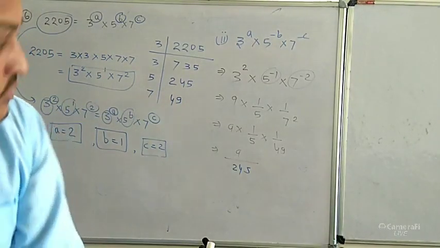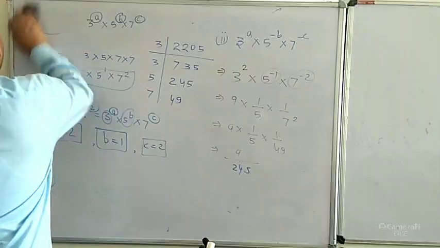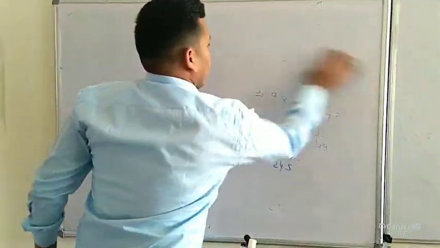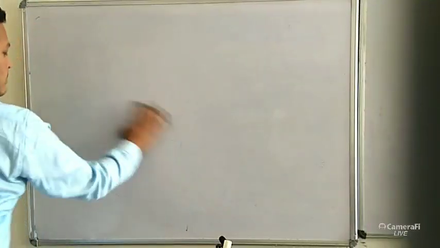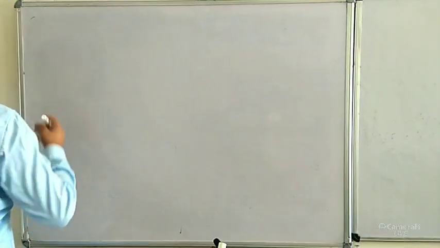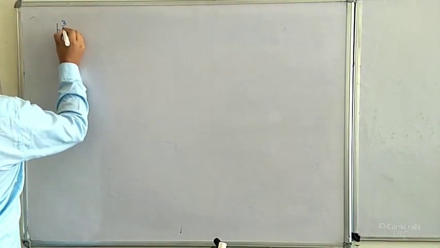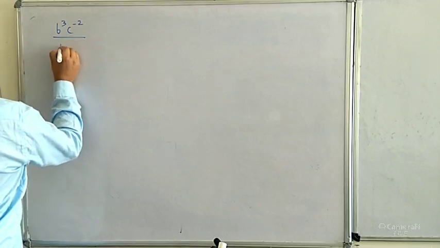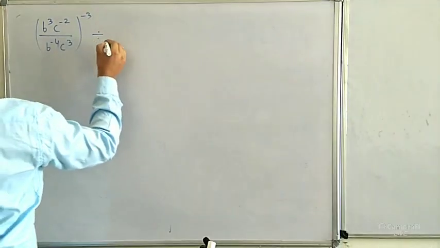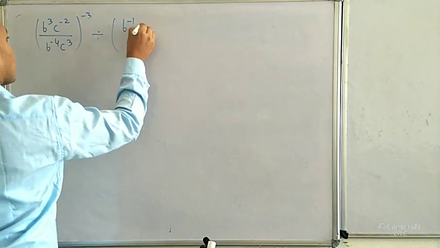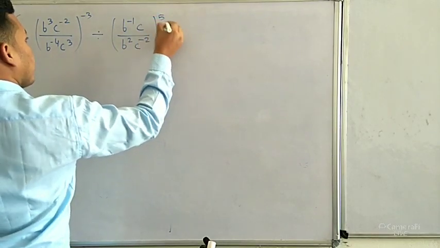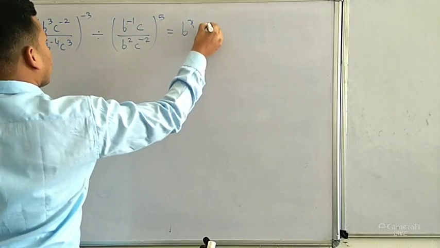Next one more question. Question number 7 is: if (b to the power 3 c to the power minus 2 upon b to the power minus 4 c to the power 3) whole square, whole to the power minus 3, divided by (b to the power minus 1 c upon b square c to the power minus 2) whole to the power 5, is equal to b to the power x and c to the power y.